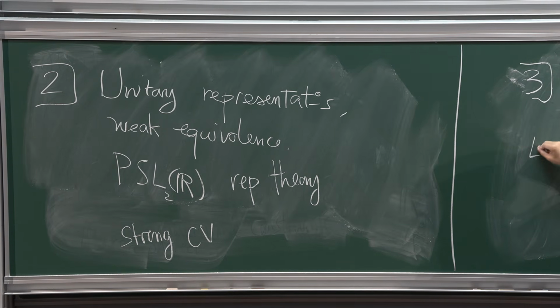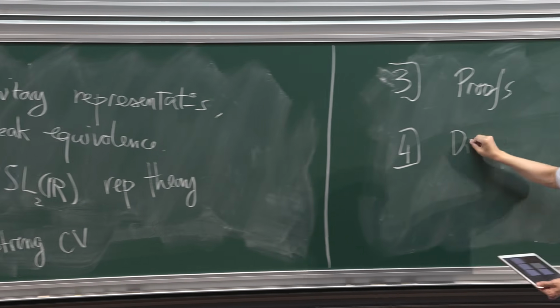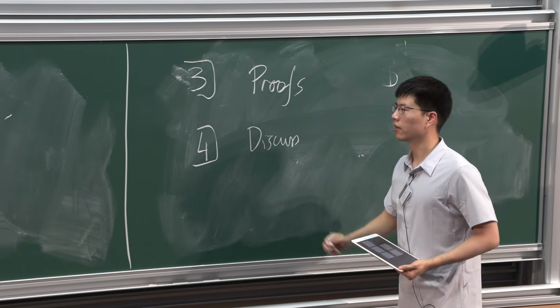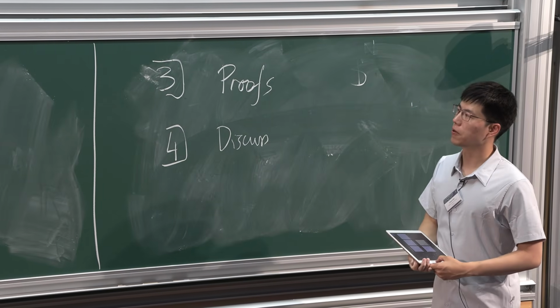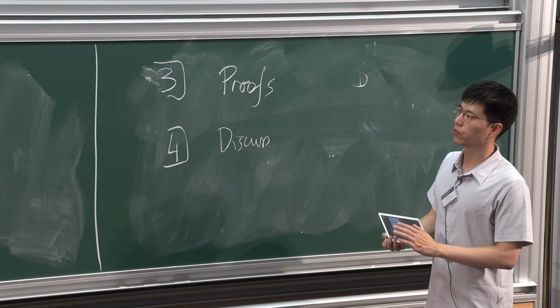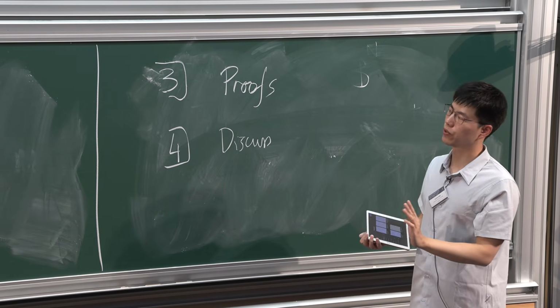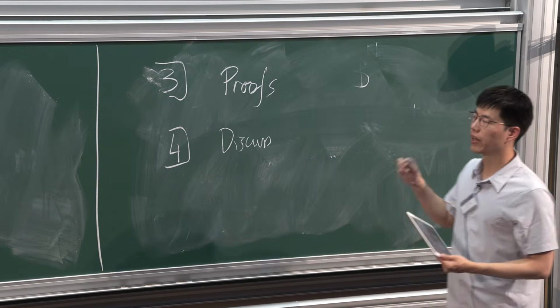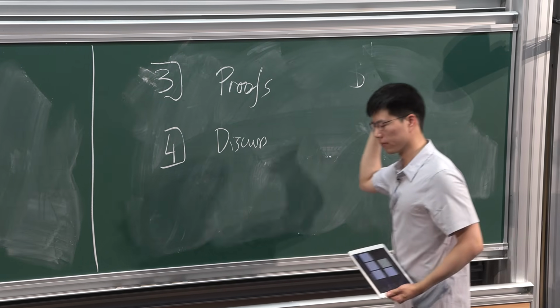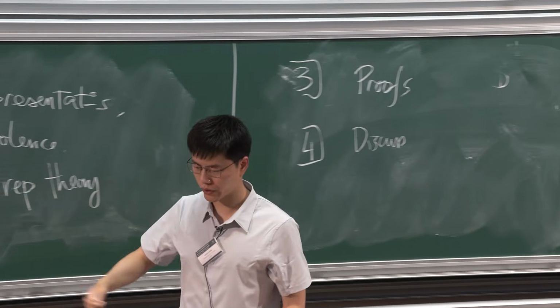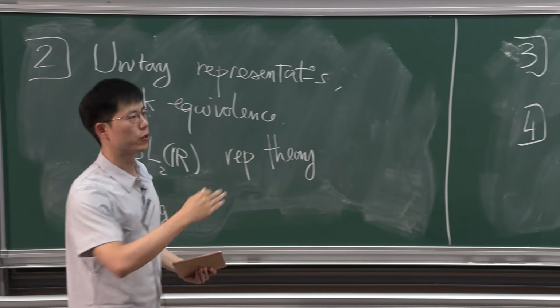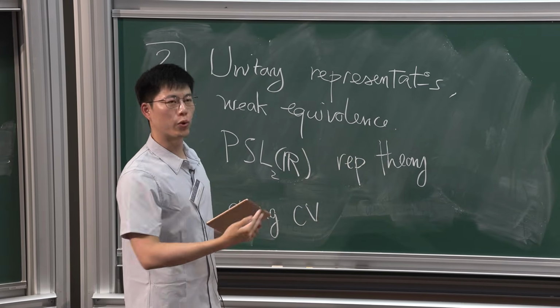And in 4, what I'm going to do is discuss a little bit some analogies or relations between these kinds of results and other kinds of results. So, for example, there are some vague analogies between the things here and, say, the almost totally geodesic surfaces of Markovitch.